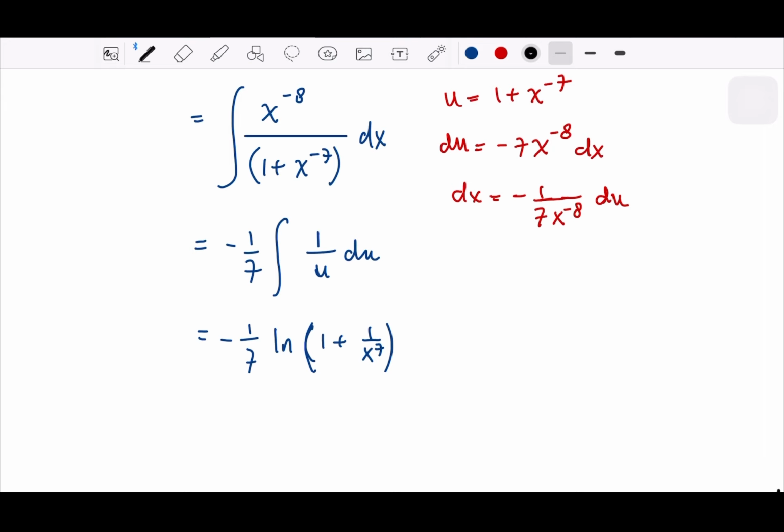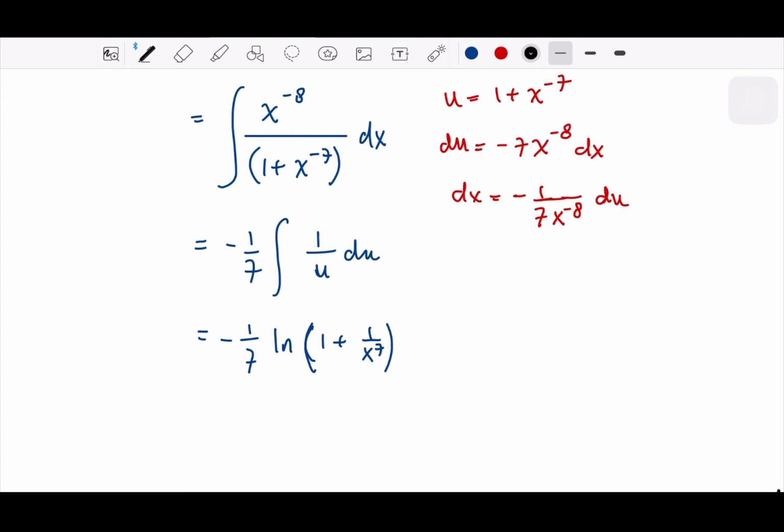Okay, another question that I want to discuss, I forgot the question. Can you read the question? Number 7, can you solve number 7?